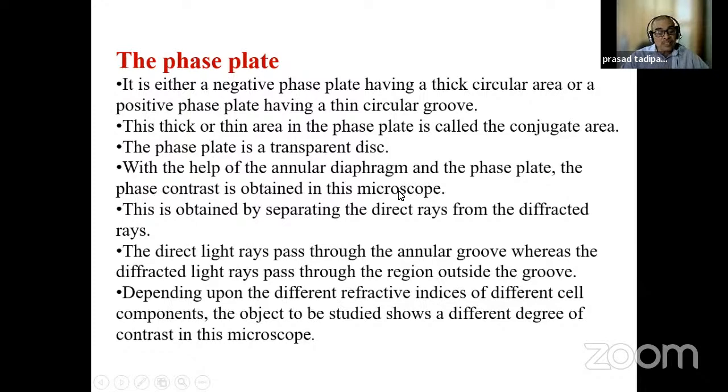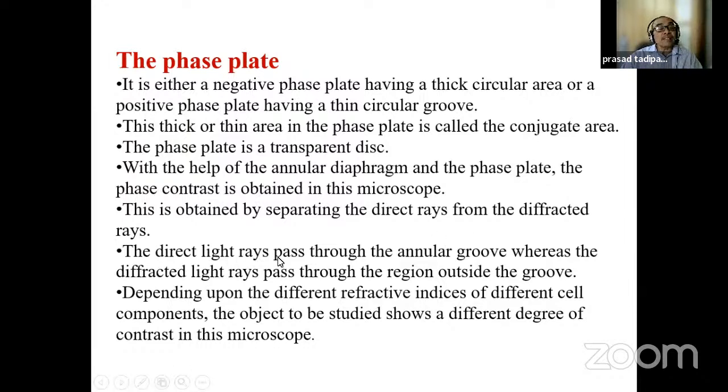The phase contrast we are getting is from the resultant wave of the undeviated as well as the deviated waves. So it is obtained by separating the direct rays and the diffracted rays, a type of interference.